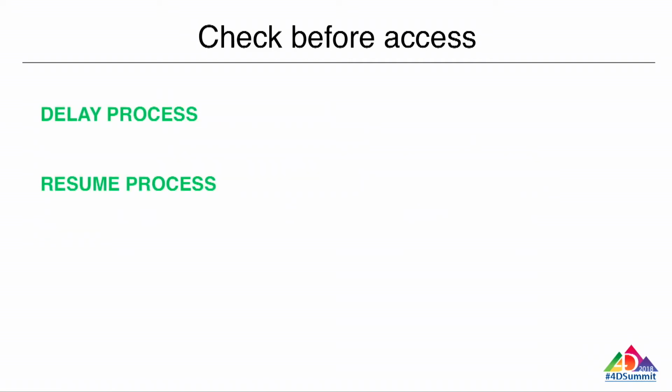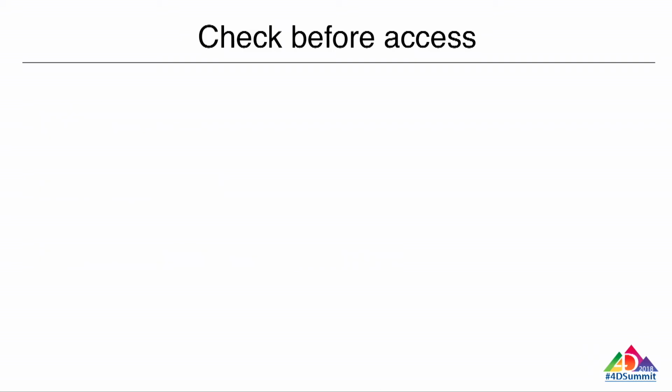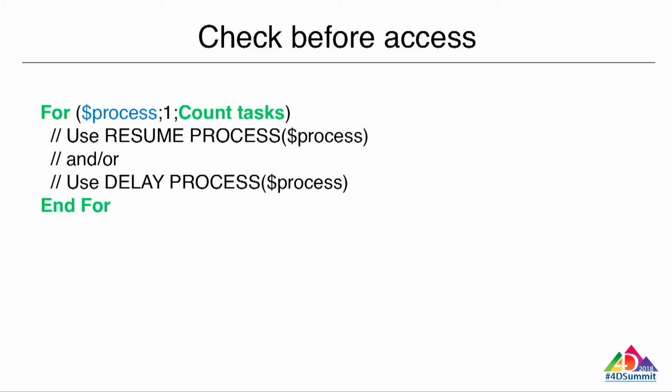Now I'd like to go over two commands that are very common: DELAY PROCESS and RESUME PROCESS. These commands can access 4D internal processes. If we take, for example, the COUNT TASKS command, which can pretty much list all the 4D processes running in 4D, we can actually use RESUME PROCESS and DELAY PROCESS on them.